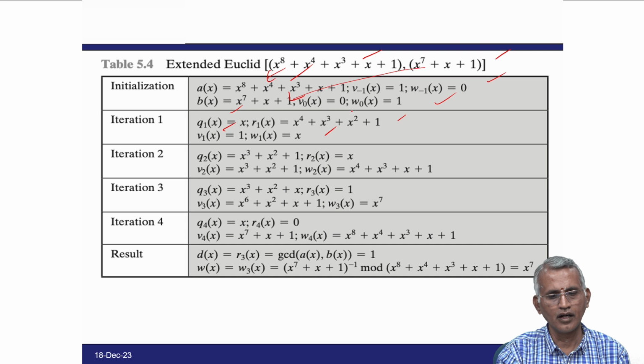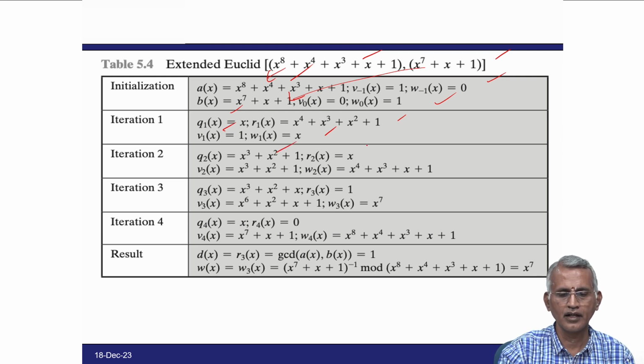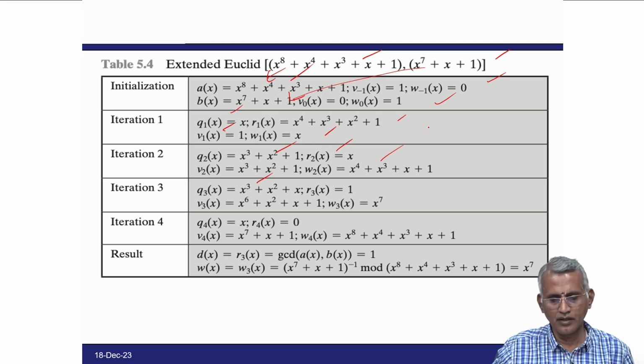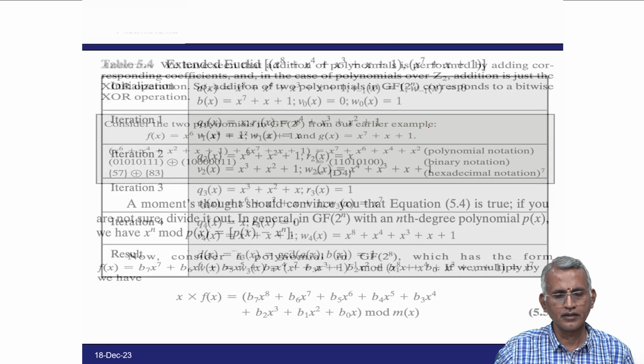So, here if you divide this q1 into v1 plus r of x, technique you have to do, q2 can be generated with the help of the table value. So, q2 of x will get it and r2 of x get it, and v2 of x and w2 of x also we can generate with the help of the table we already discussed.